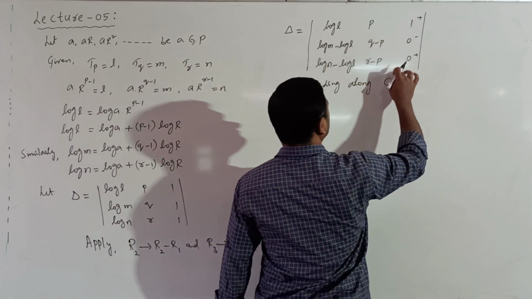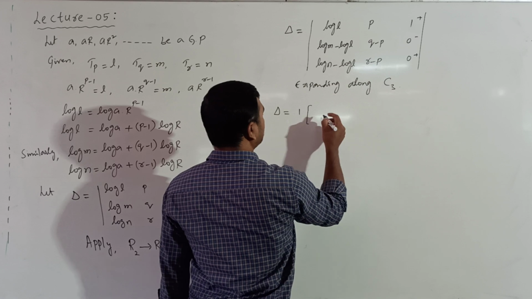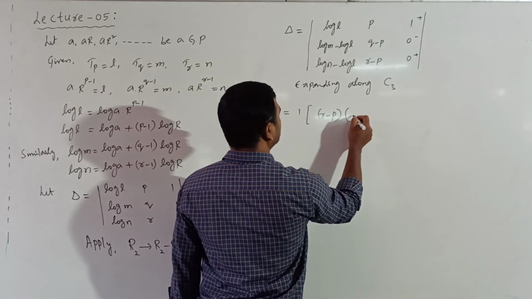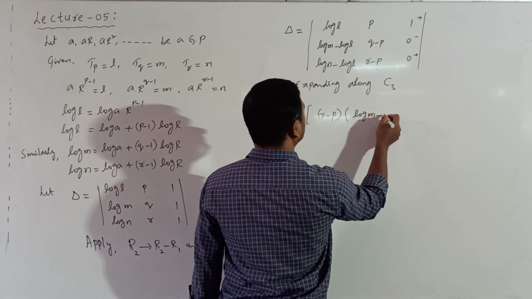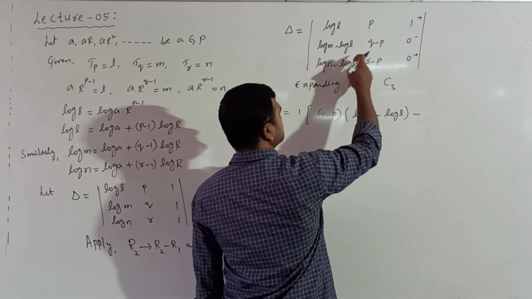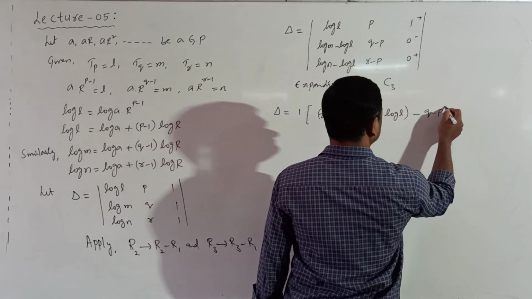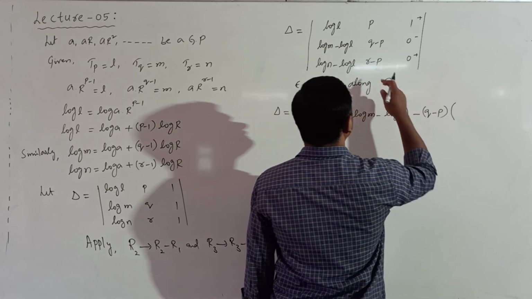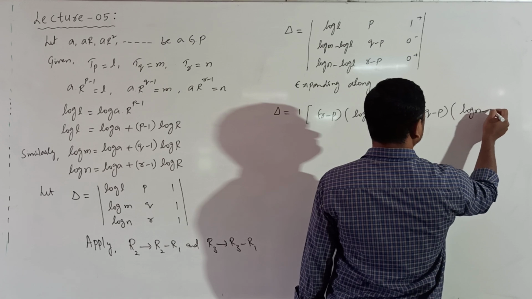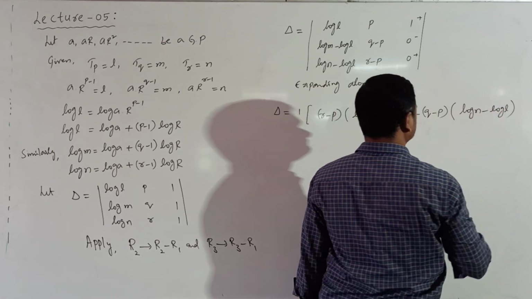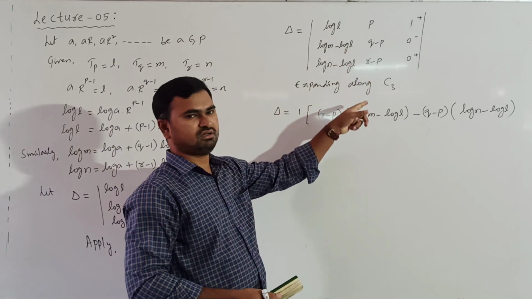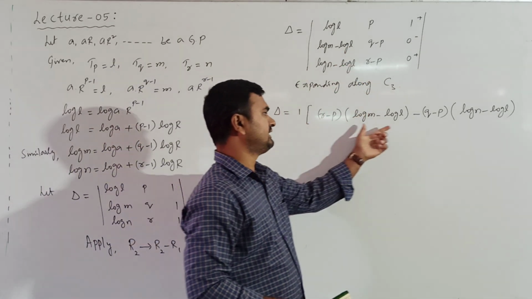Deleting the row and column, we have R minus P into log M minus log L, minus Q minus P into log N minus log L. The remaining terms will be zeros. This is what we get.